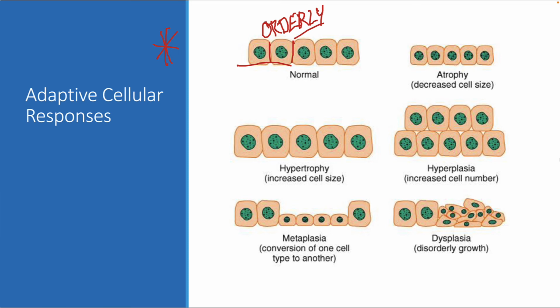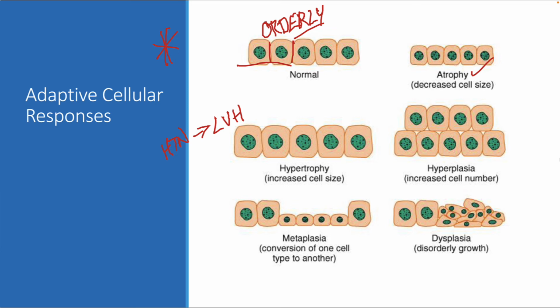If cells aren't used, then there may be atrophy, right? So somebody has a stroke, they have disuse of their left upper extremity, and so as a result, they have atrophy of those muscle cells. We talked about LVH, left ventricular hypertrophy, from hypertension or aortic stenosis or something.